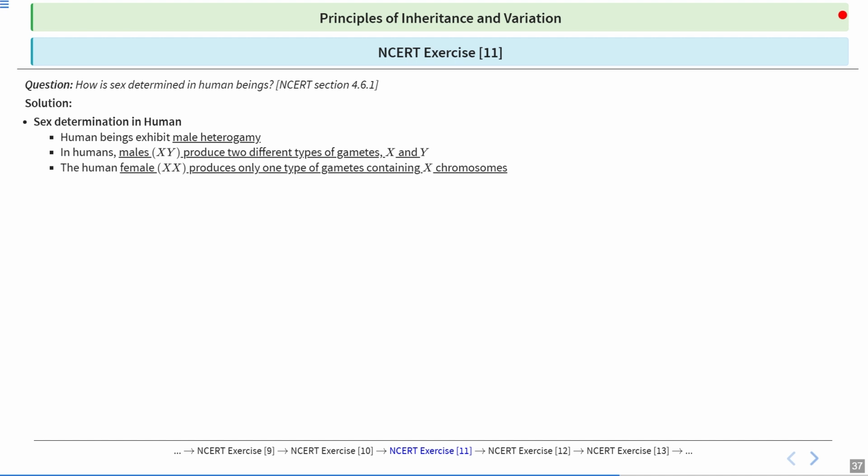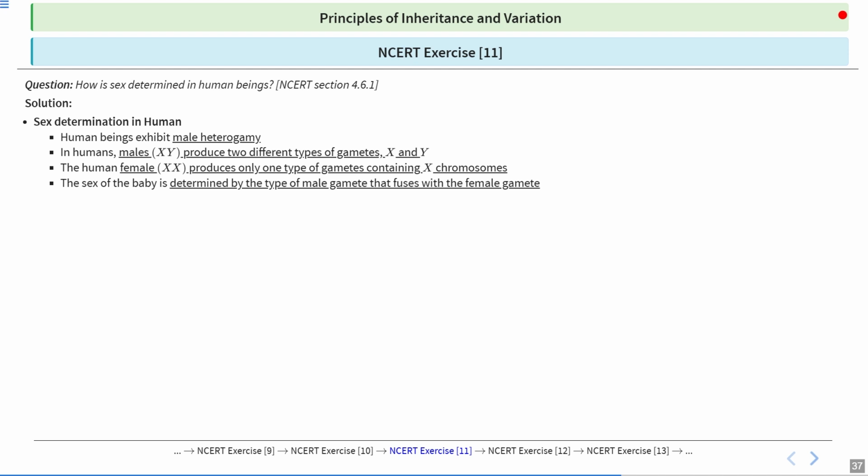Now, the human females have a pair of X chromosomes. They produce only one type of gametes, means all the eggs will contain only the X chromosome. Now, the sex of the baby is determined by the type of male gamete that fuses with the female gamete. Means the type of sperm that fuses with the egg.